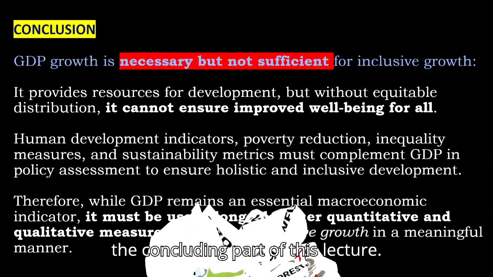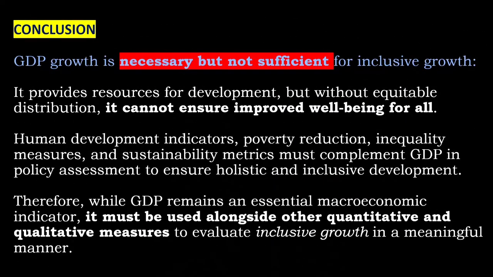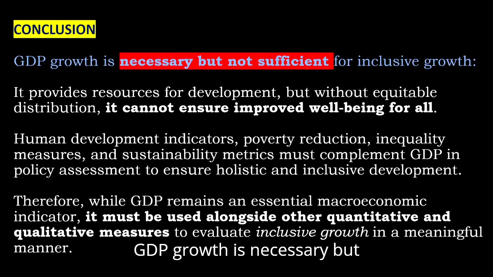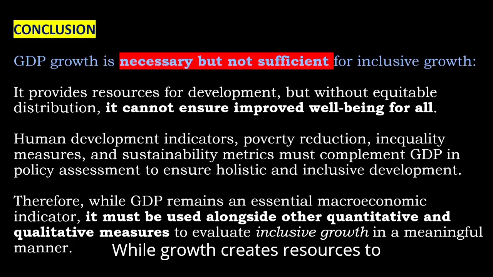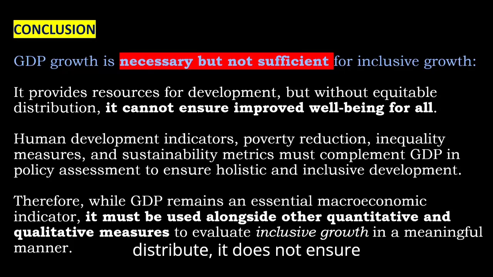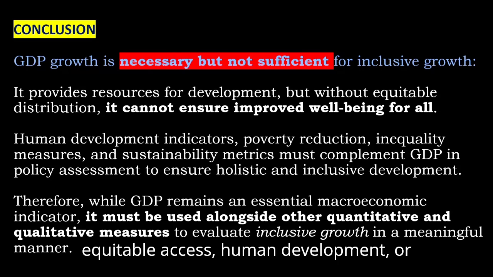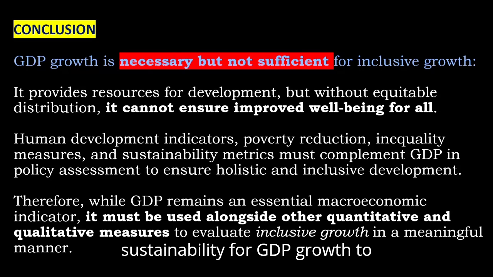That brings us to the concluding part of this lecture. GDP growth is necessary but not sufficient for inclusive growth. While growth creates resources to distribute, it does not ensure equitable access, human development, or sustainability.